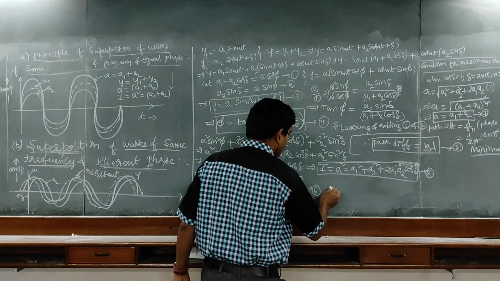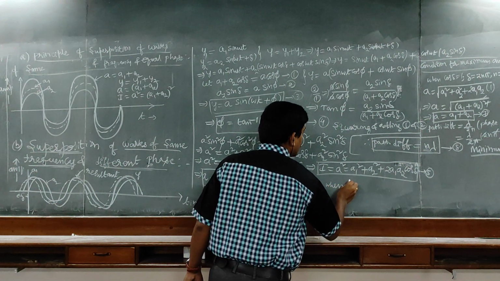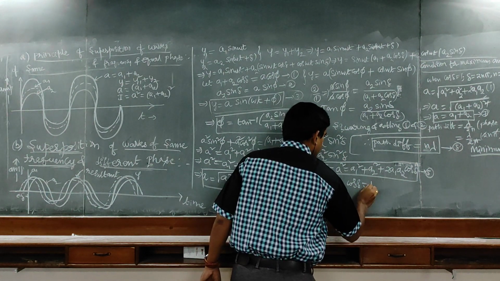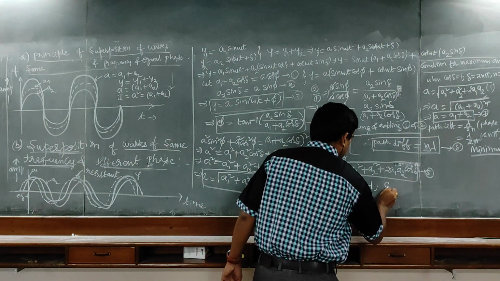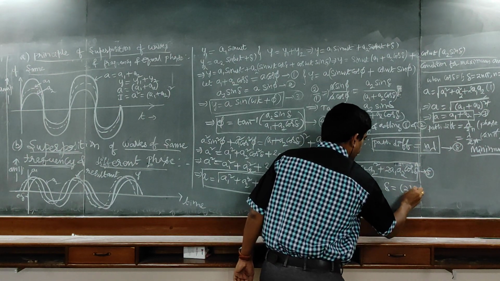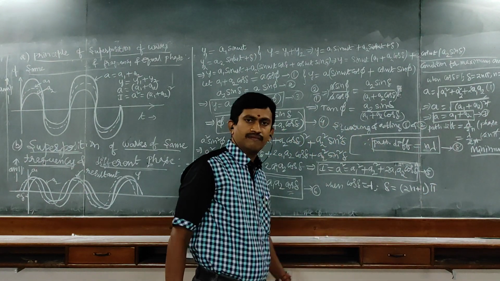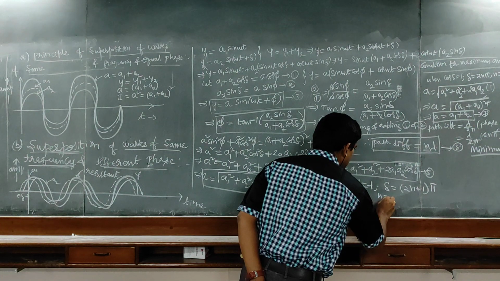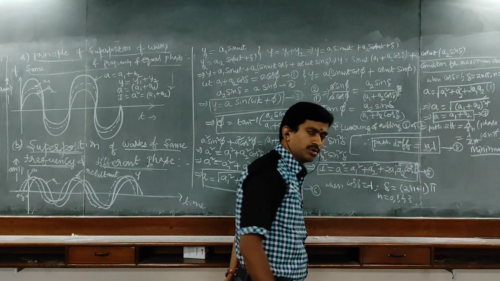When cos delta is equal to minus 1, then delta value becomes (2n plus 1) into pi, where n takes the values 0, 1, 2, 3 and so on.